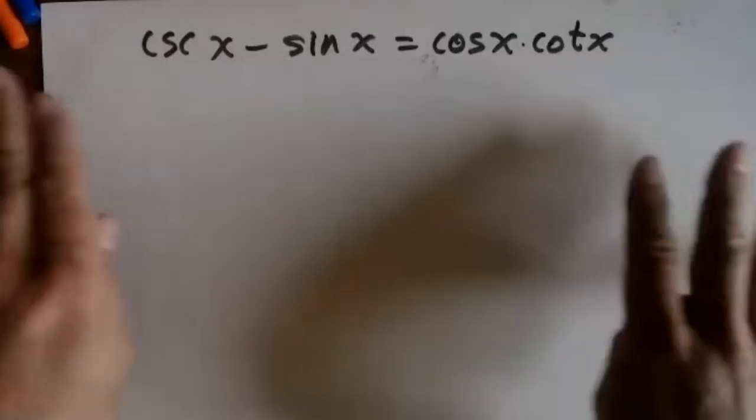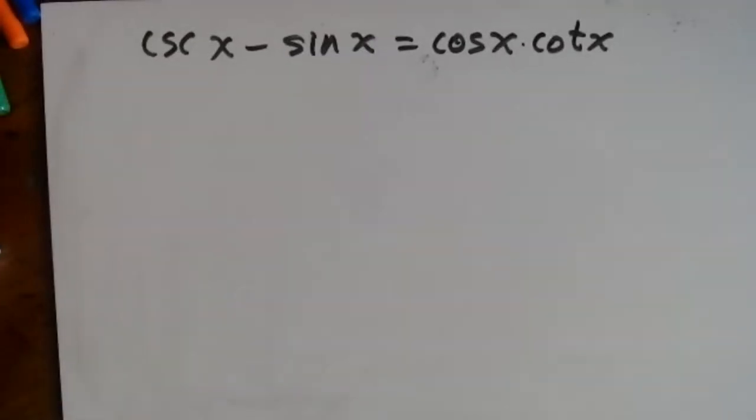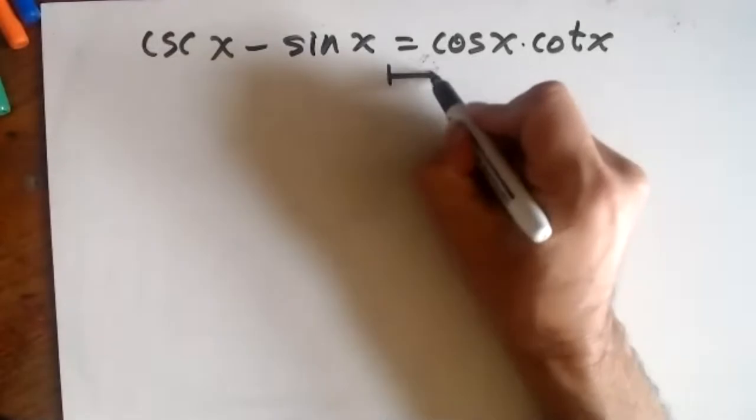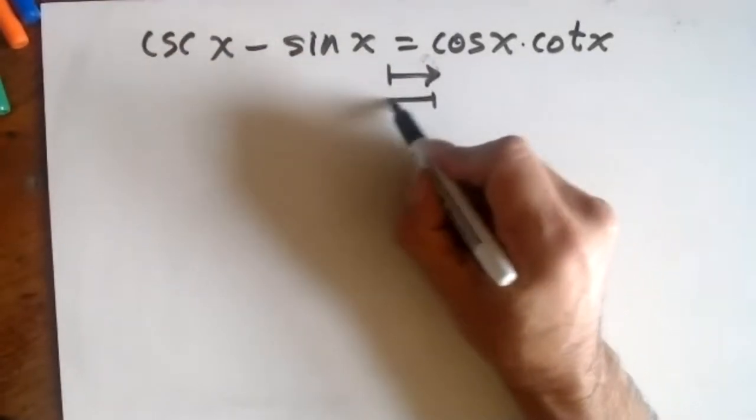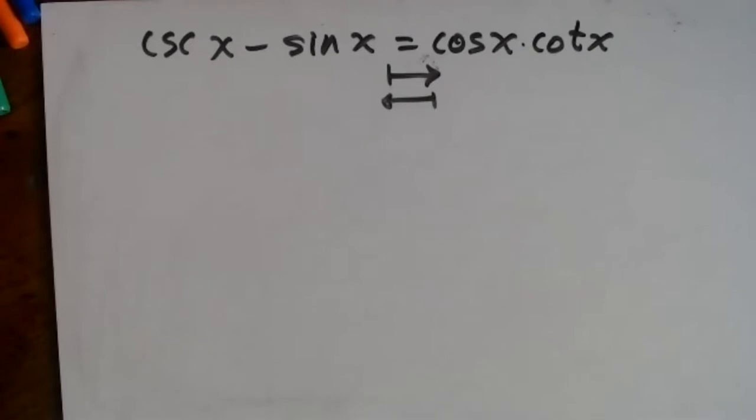Now, both sides look pretty complex, so you have to decide to go left to right or right to left. What do you want to do? Begin with cosecant x minus sine x or begin with cosine x cotangent x? You have to make the choice anyway. What do you want?